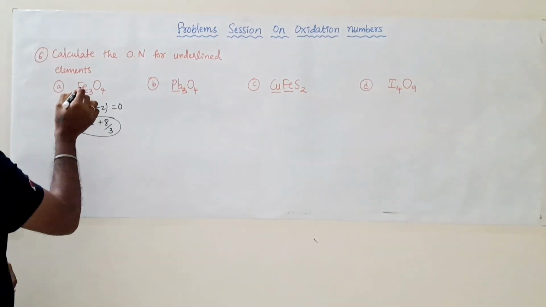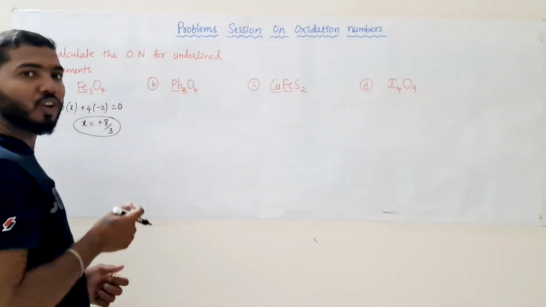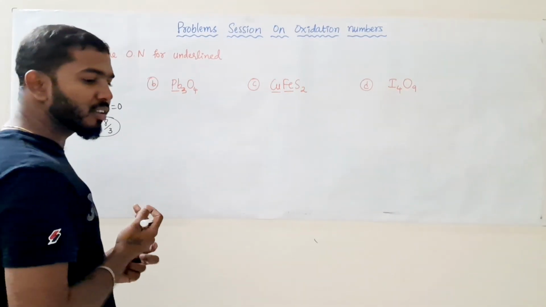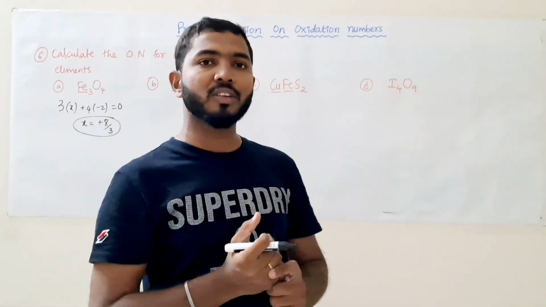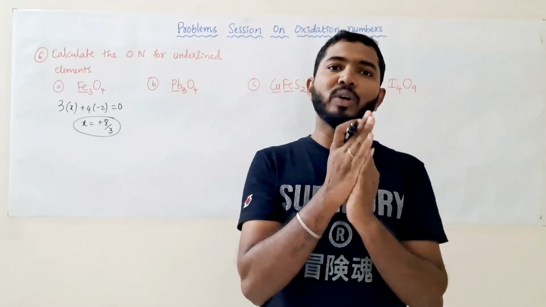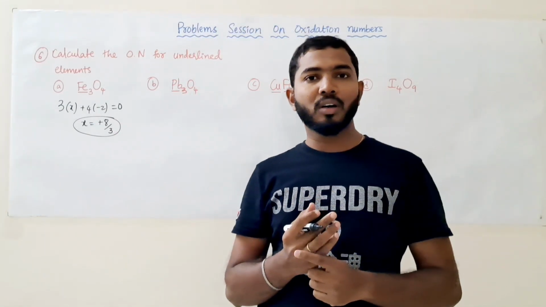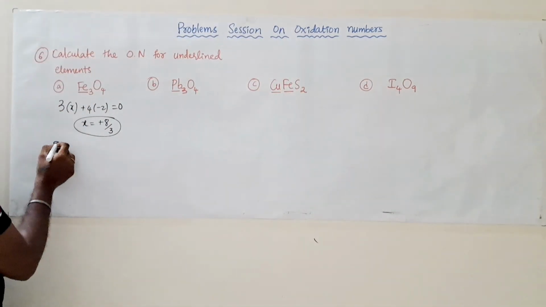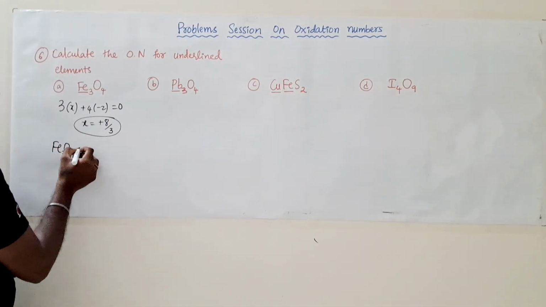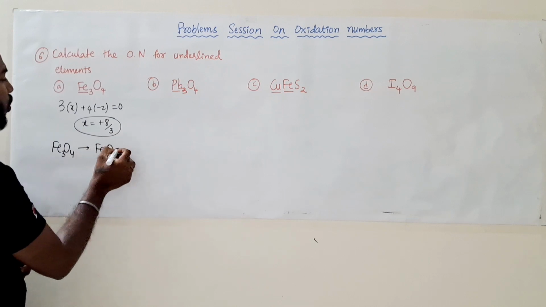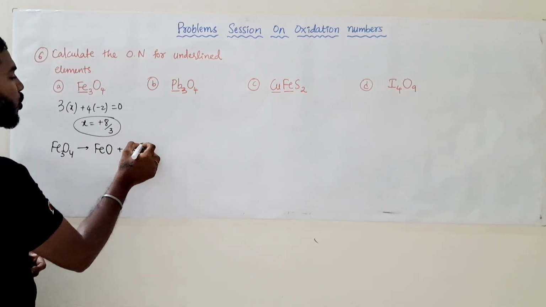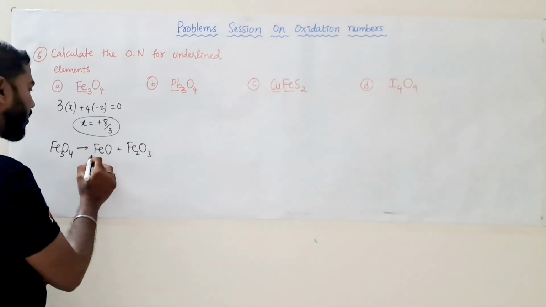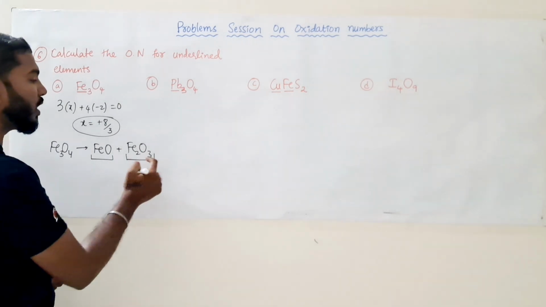But if you see, this is actually called a mixed oxide. Why is it called a mixed oxide? What do we mean by a mixed oxide? An oxide in which we have two simple oxides. If you see this, Fe3O4 has FeO and Fe2O3. This is ferrous oxide, and this is ferric oxide.